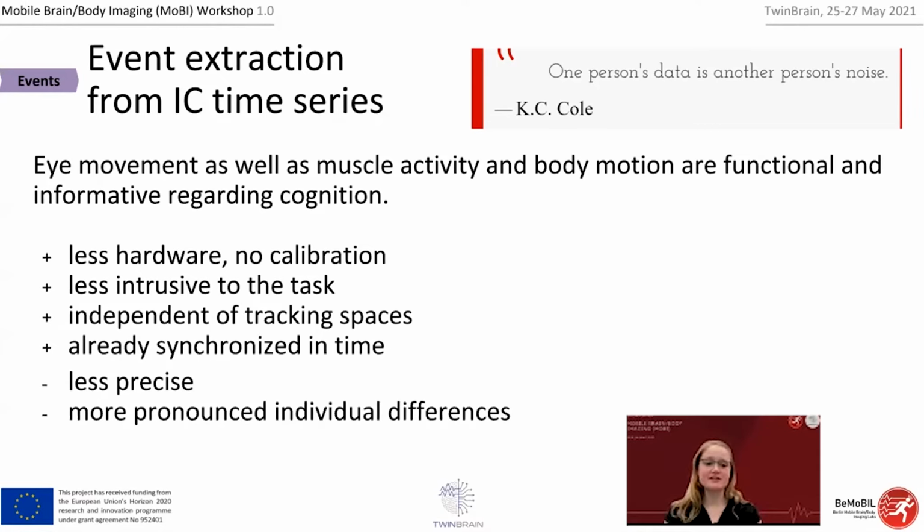And something else that makes it more difficult is the more pronounced individual differences in EEG recordings. As we have mentioned shortly for the independent component analysis, there are various degrees of changes across participants.